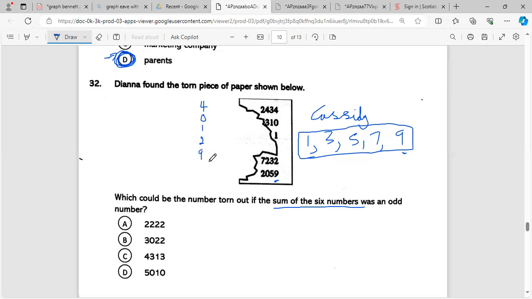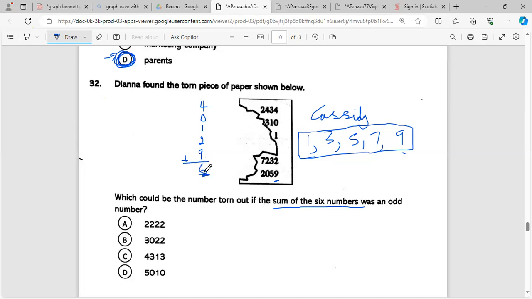All right. When you add up these, what does it end with? Say you have 4 and 1, 5, and 2, 7. 7 plus 9 is 16. That means it ends with an even number.